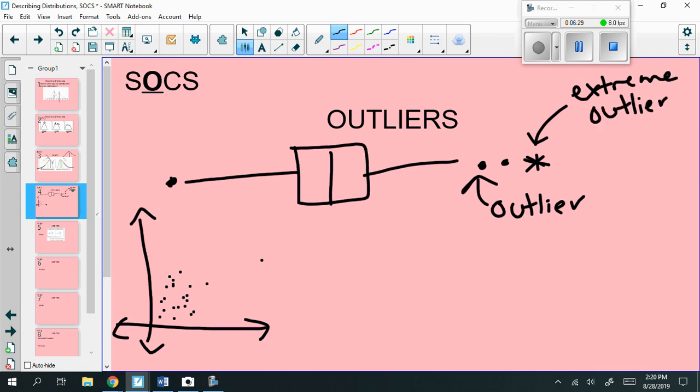And then on a graph over here, so this is our X and Y, you can see we've got most of our data around here, and then this dot literally lies far away from all of our other data. So in another video, we're going to discuss how to more formally find that using some math and the interquartile range, but for now, we'll just move on to how to describe distributions.